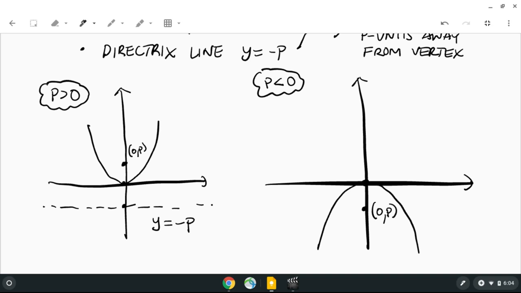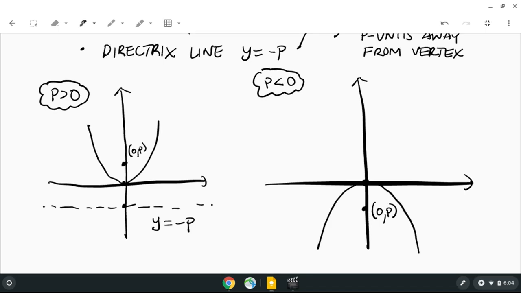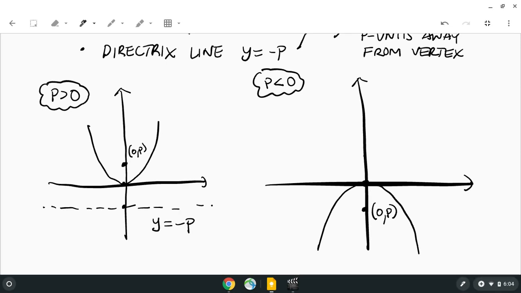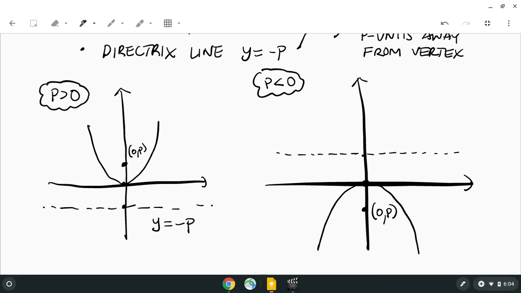Because remember, p is a negative number, so just plugging in p there will still work. And your directrix would be equidistant, so p units up here, okay? And it is a line. And this line would still be y equals the opposite of whatever p is.